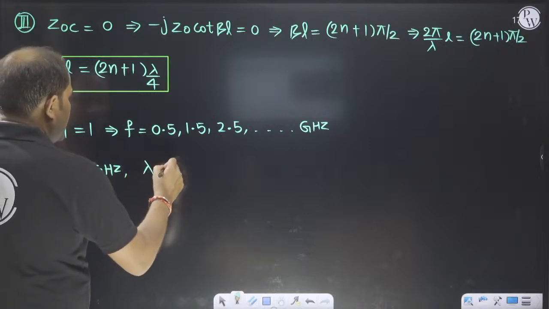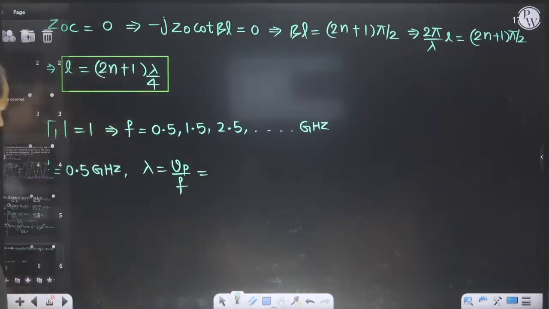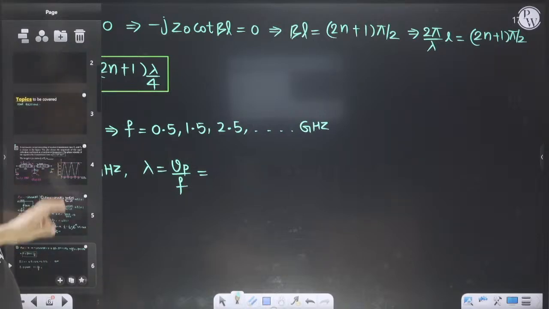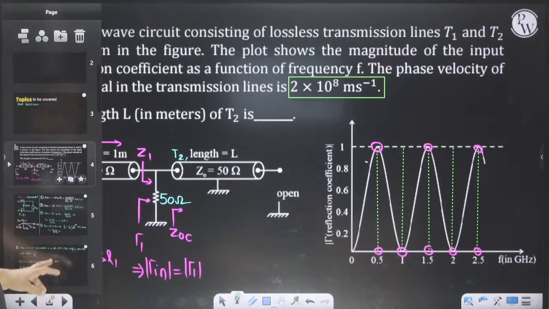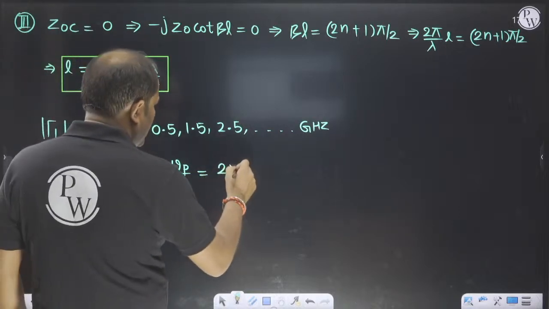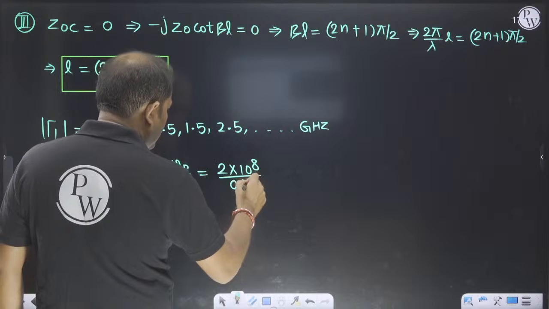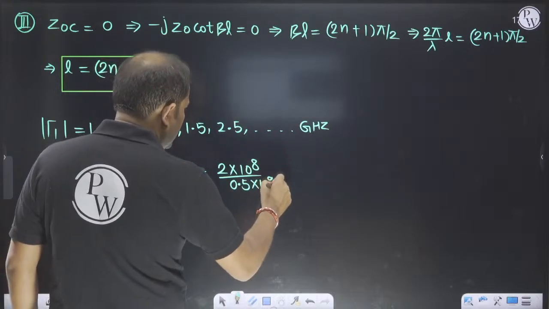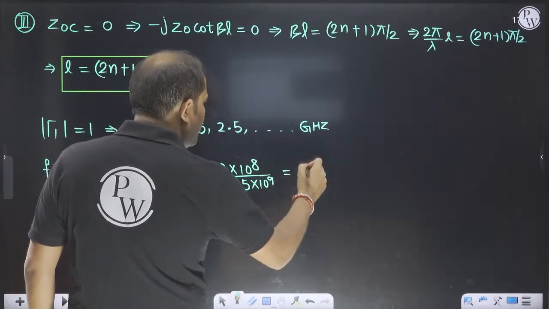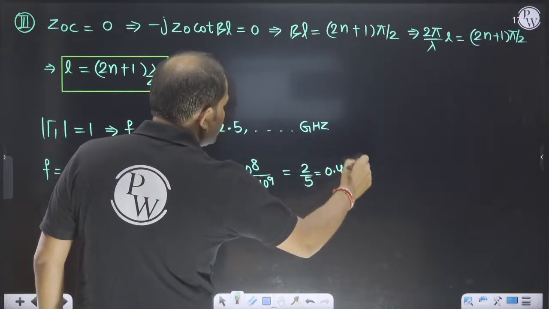Then our lambda is equal to Vp upon F. Vp is given as 2 into 10 to the power 8. So we know Vp is 2 into 10 to the power 8 and F is 0.5 gigahertz. So it will be 2 by 5, that means it will be 0.4 meter.